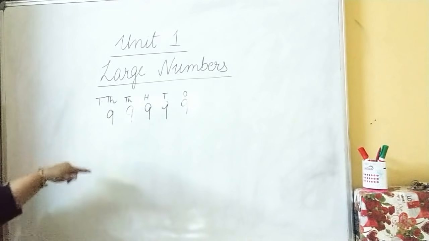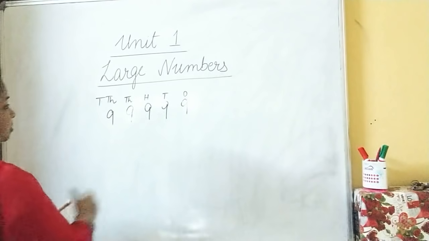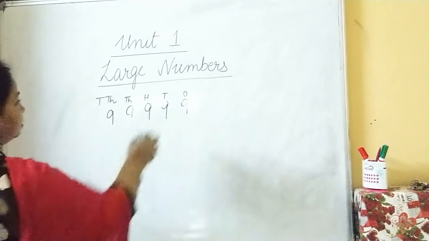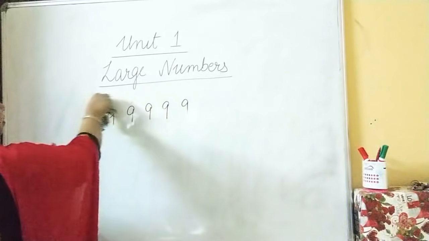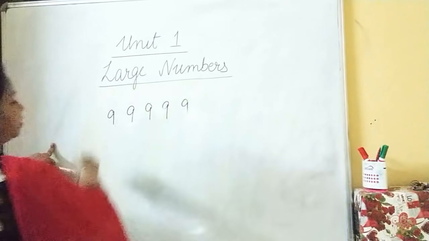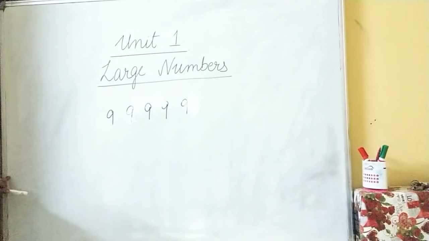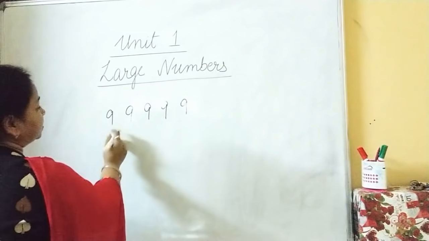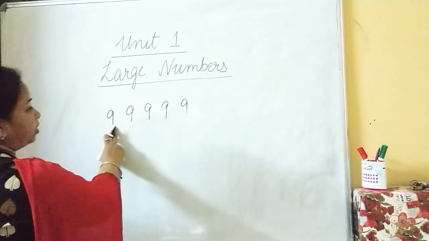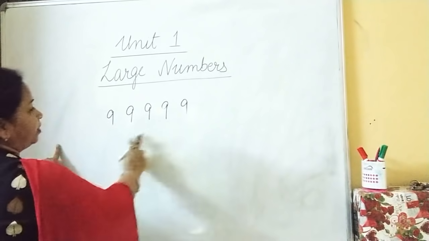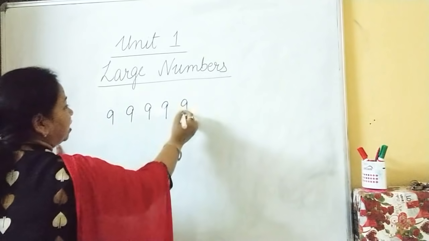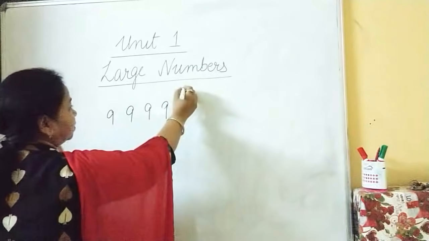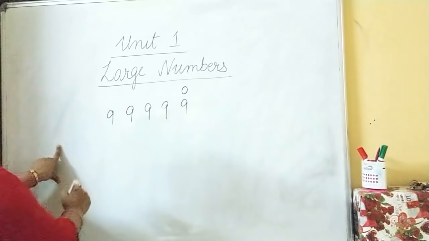Let me arrange these numbers. You can see here that I have taken 9 five times and I'll be asking them to sit on the chairs.